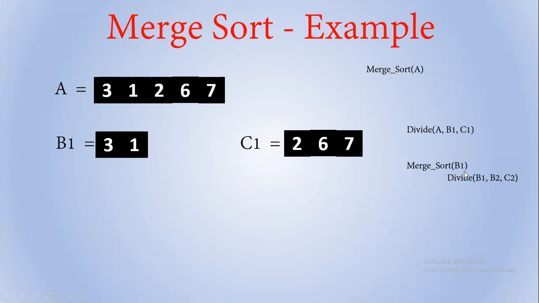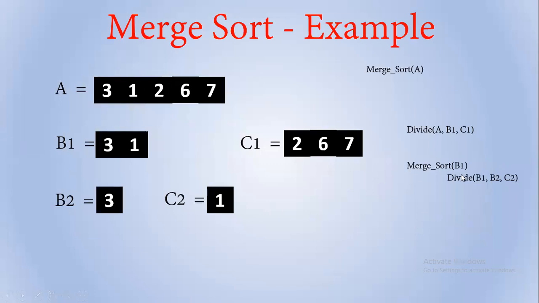Inside this merge sort B1, we first have divide. It will divide into B2 and C2. This one has size 2. 2 minus 1 is 1. 1 divided by 2 is 0.5. The ceil value of 0.5 is 1. So B2 will have one element, and C2 will again have one element.